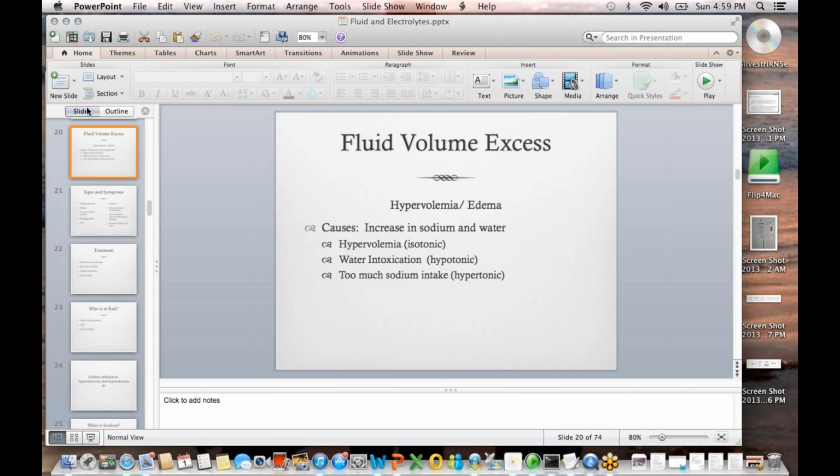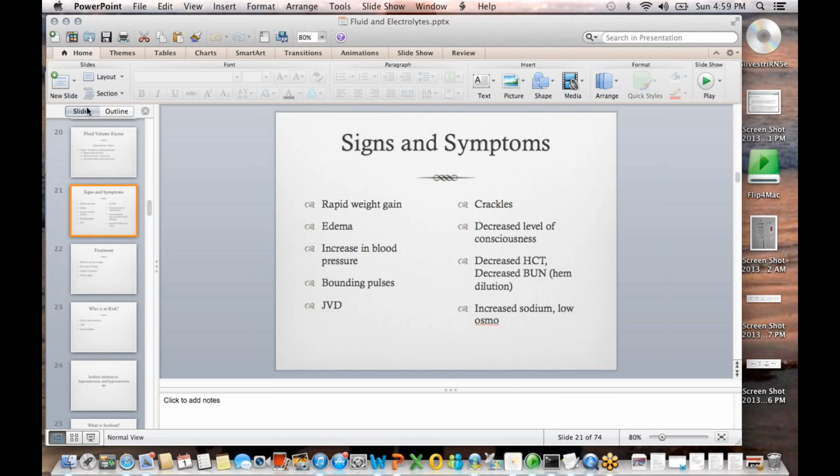Fluid volume excess, you want to understand that this is too much fluid volume, and again this can be because of different causes: hypervolemia, water intoxication, or too much sodium. You're going to see signs and symptoms of fluid overload, which we saw a lot of in heart failure, so I'm sure you're pretty familiar with that.